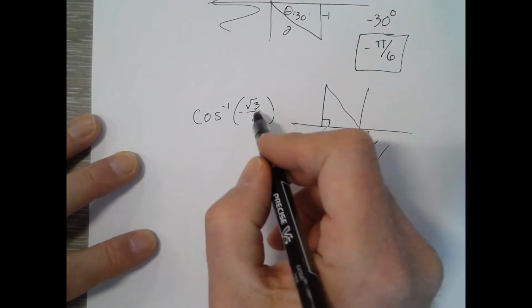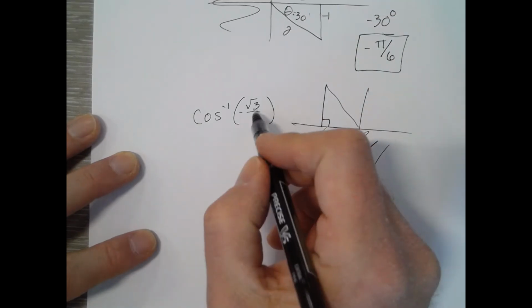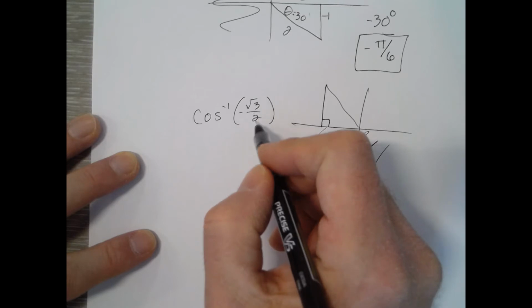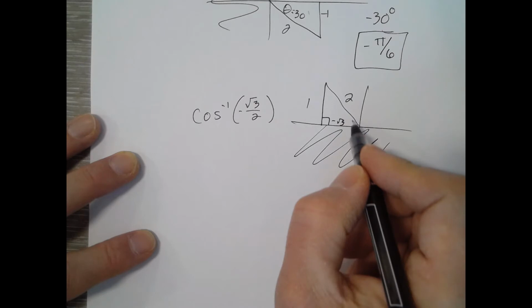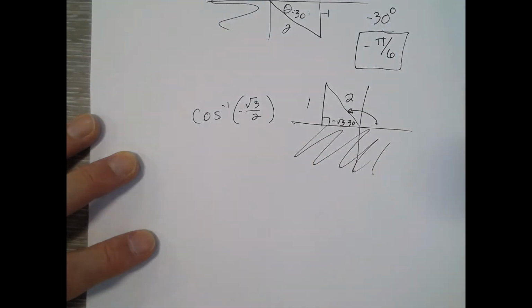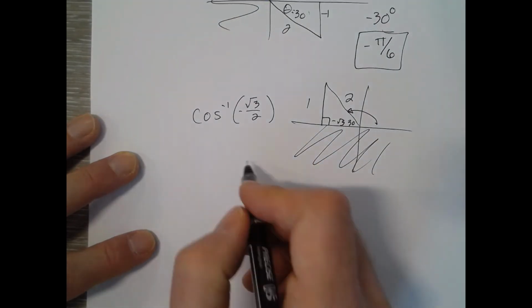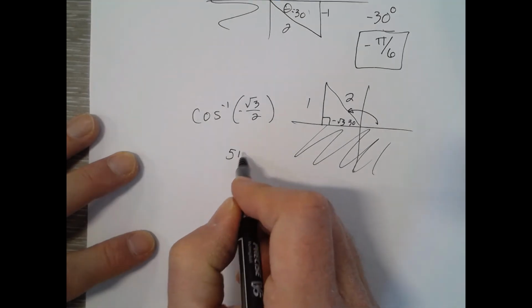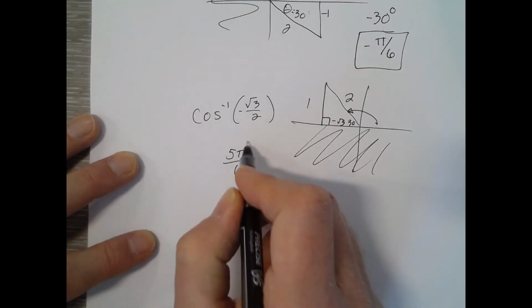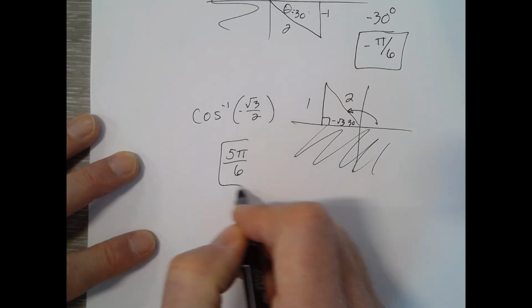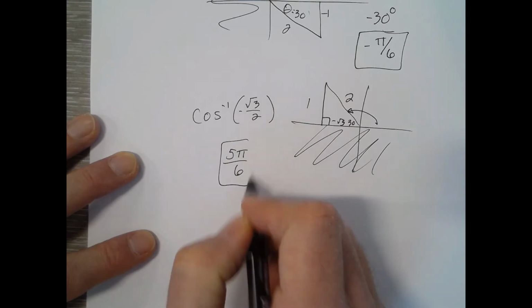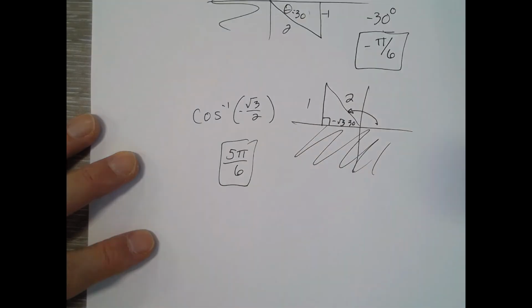Adjacent over hypotenuse. Angle is 30 degrees. So this angle here is 150 degrees, or 5 pi over 6. The concept is the same: draw your triangle and tell me how big the angle is. You're looking for the angle when you're doing inverse.